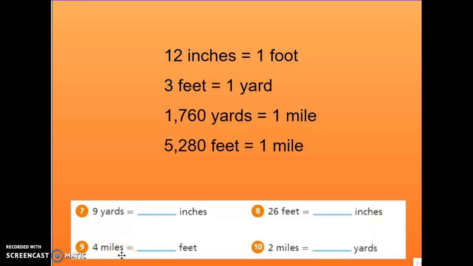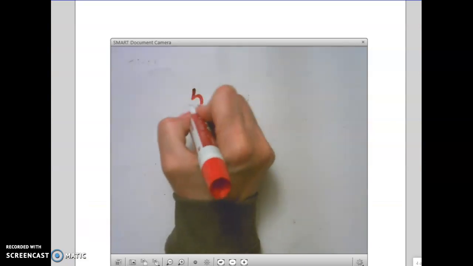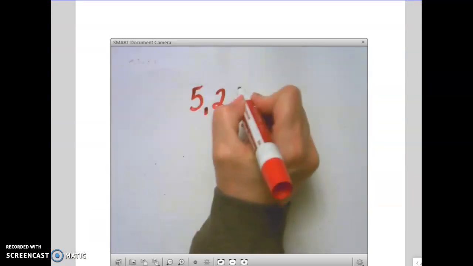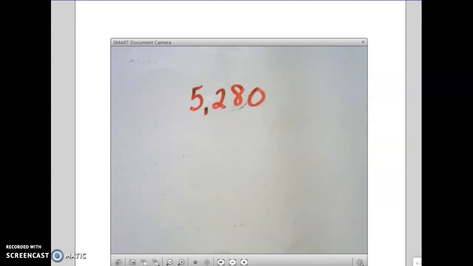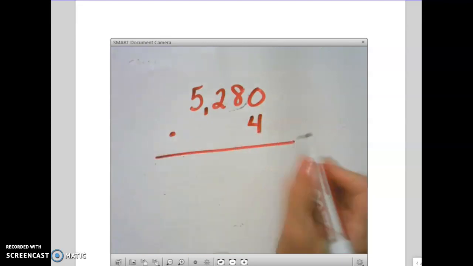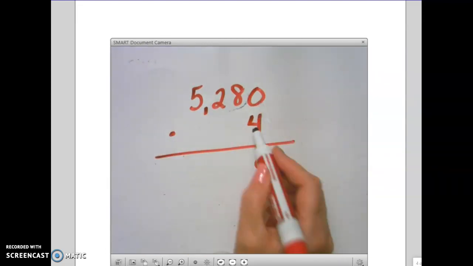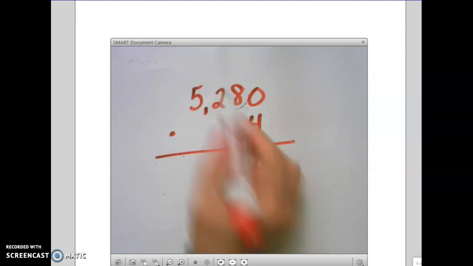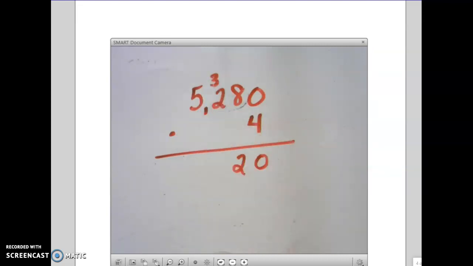4 miles is how many feet? Wow. Okay, so we've got to look at this. There are 5,280 feet in 1 mile. I need to figure this out 4 times. So let's do some multiplication again. 5,280 feet times 4 miles. 4 times 0 is 0. 4 times 8 is 32. 4 times 2 is 8.